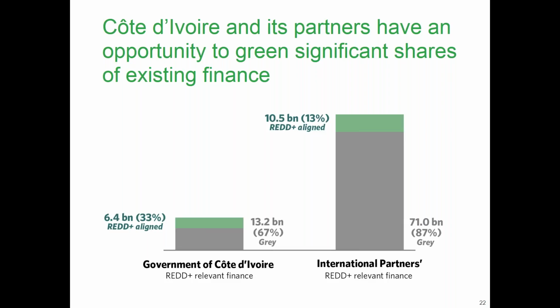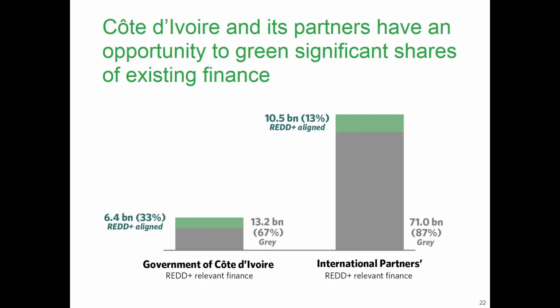As you can see here, both the government of Cote d'Ivoire, their budget, and also the budgets of development partners are not yet explicitly accounting for deforestation risks in their agriculture spending in particular, and some of this spending may have contributed to increasing deforestation or forest degradation due to the lack of strong land use planning.